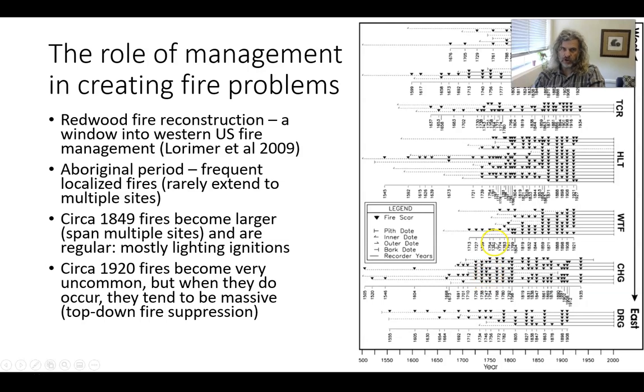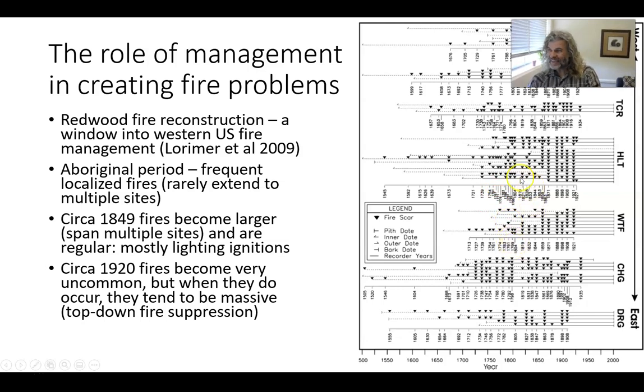Many fires are occurring in California redwood forests, but they're not well synchronized across these sites, meaning sometimes individual sites burn, sometimes the fire seems to carry throughout an individual site, but not always. Sometimes it's restricted within sites or to only individual sites. Now around 1800, that pattern starts to change.